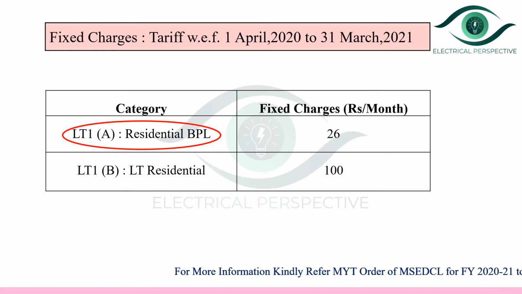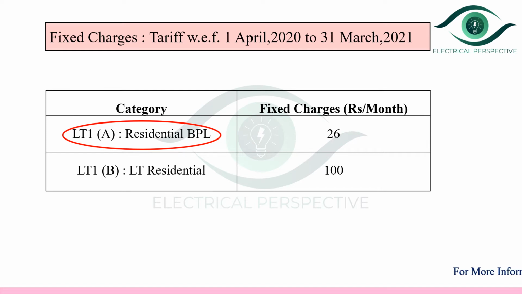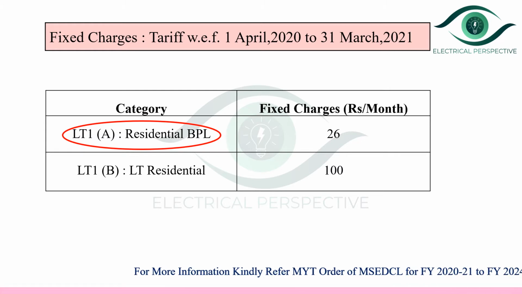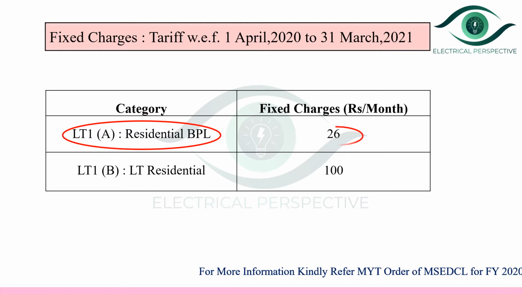If more than 360 units have been consumed in the previous financial year, then LT1B, that is residential tariff, shall thereafter be applicable.